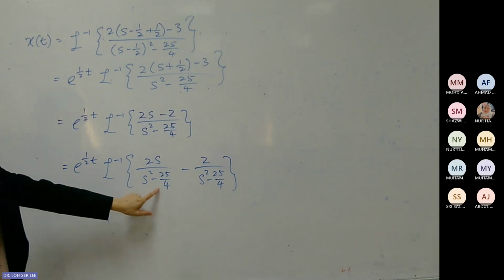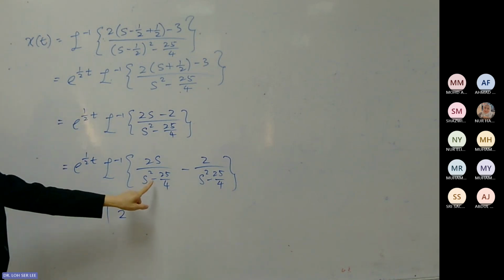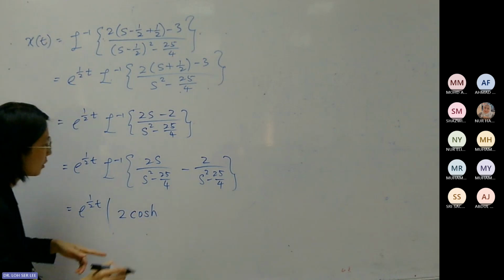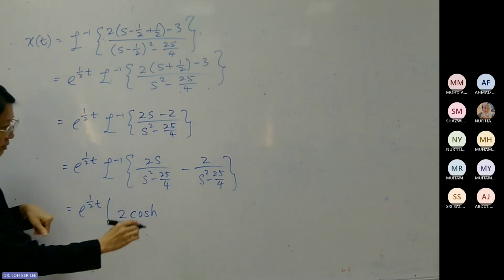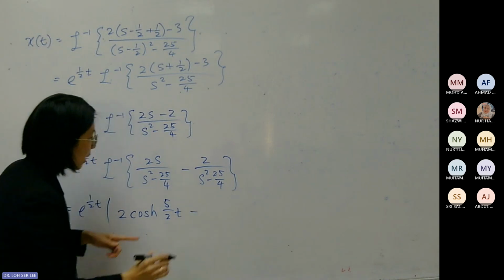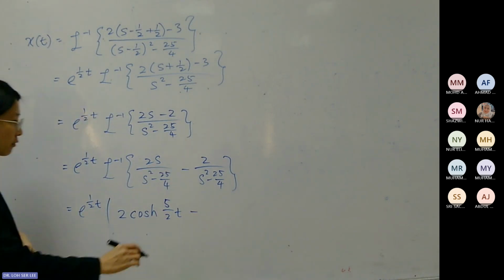Okay, so what do you get for this? 1/2. Factorize the 2, and this is hypercos, your a is 5/2 t. Okay, minus this one, 4/5.